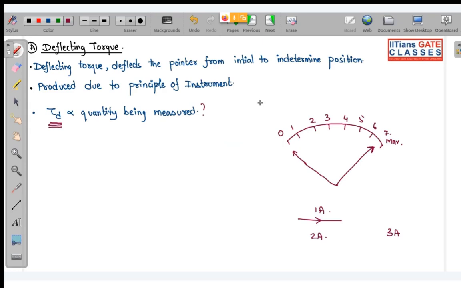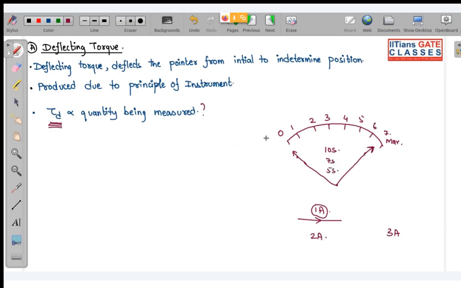No. Basically, suppose 1 ampere current is flowing. For this pointer to go from this point to the maximum value, suppose it takes 10 seconds. Now if it is 2 ampere, it might take 7 seconds. For 3 ampere, it might take even less.